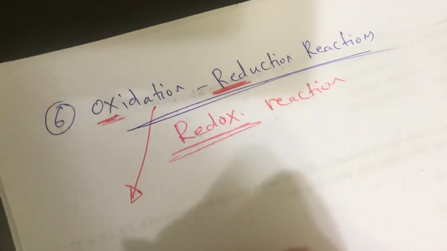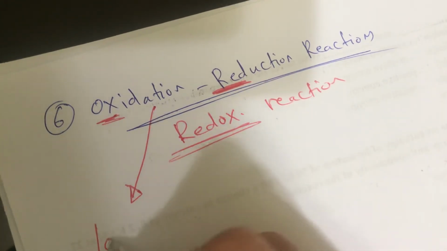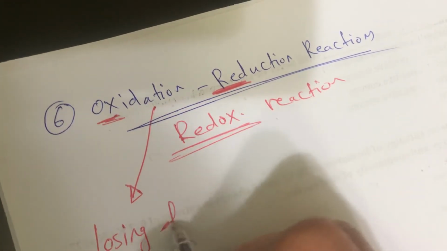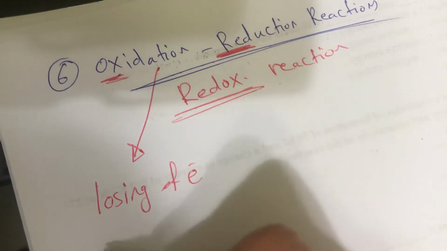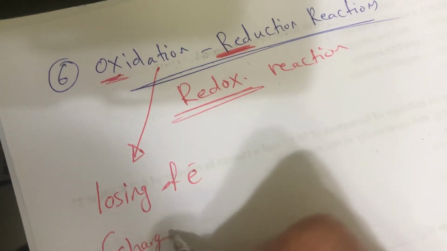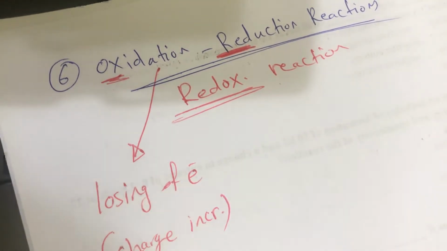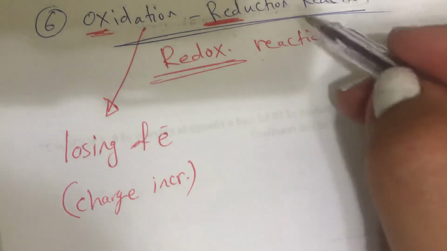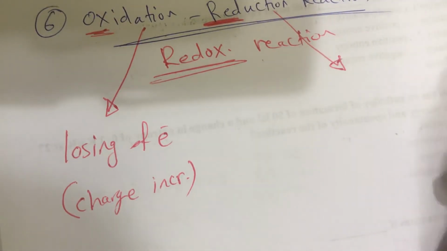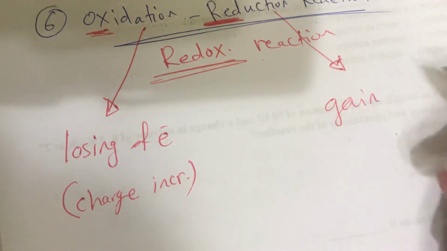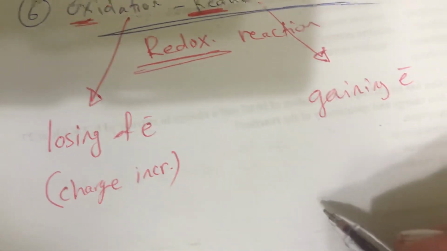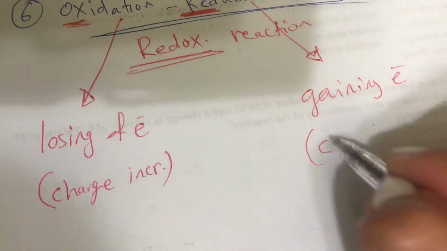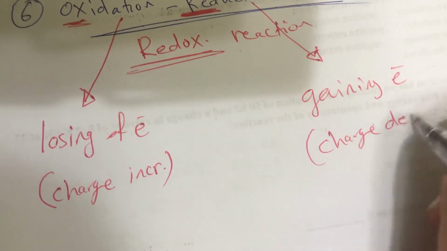Oxidation means losing of electrons. So when an atom loses electrons, charge increases. What about reduction? The reverse. Reduction means gaining electrons. So when an atom gains electrons, charge decreases.